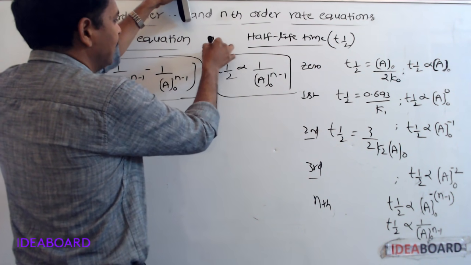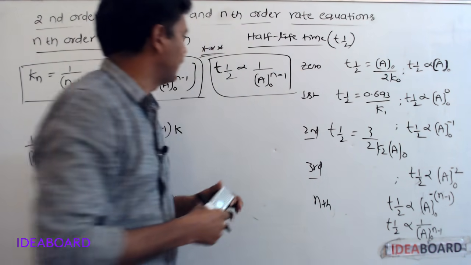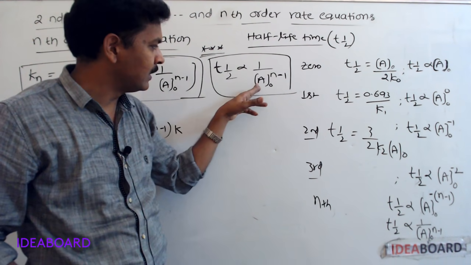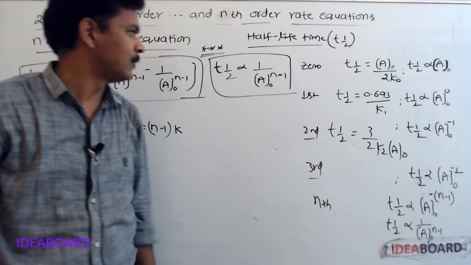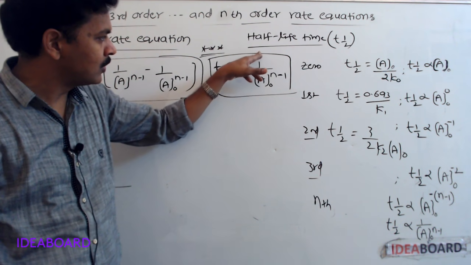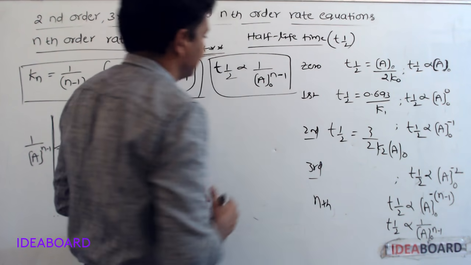This is a very important formula. For nth order reaction, half lifetime is directly proportional to 1 by initial concentration power n minus 1. This n is the order of reaction.